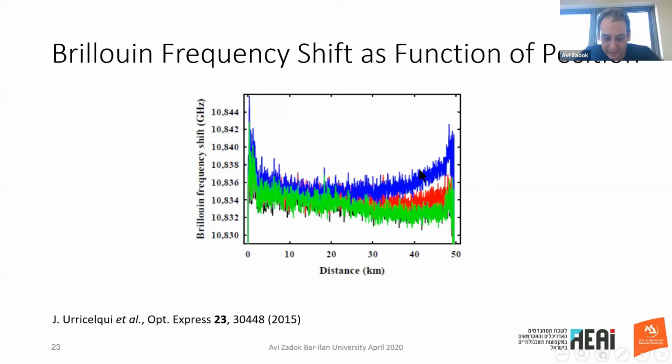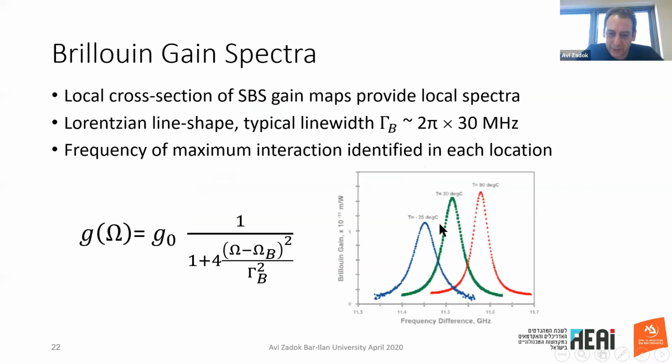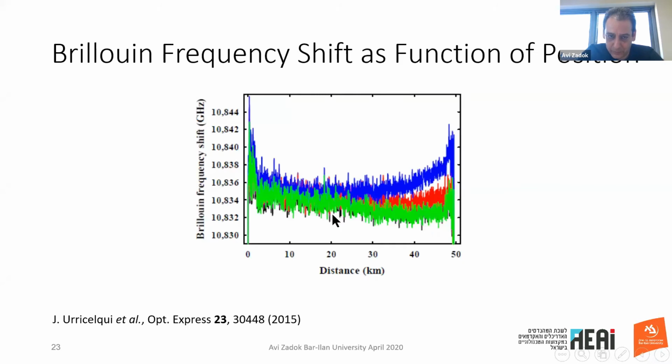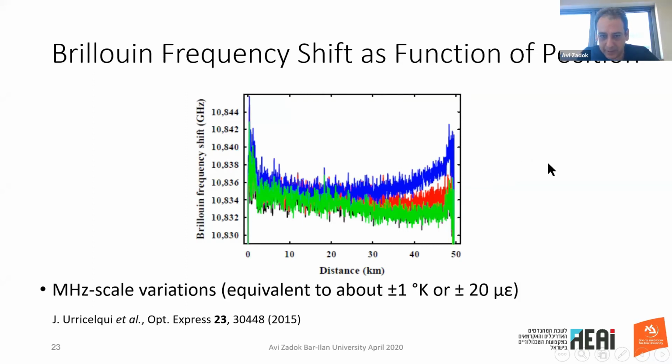So the differences among the three curves are of less importance right now, but each fitting here gives one point of Brillouin frequency, and we do it again and again for each position, and we can identify regions that are maybe different from the others. You can also consider how much uncertainty there is.